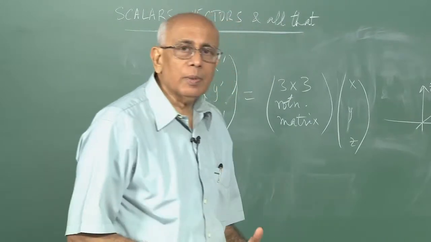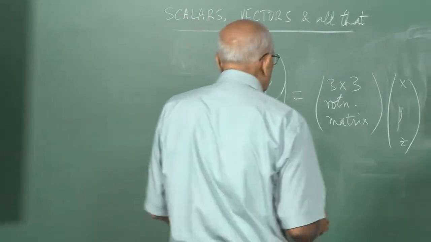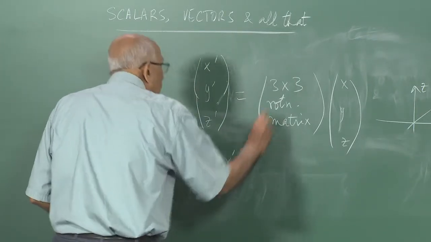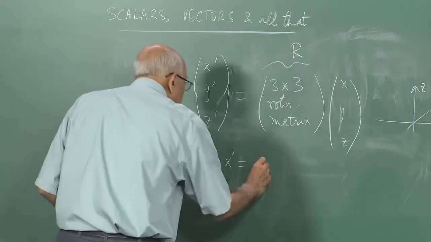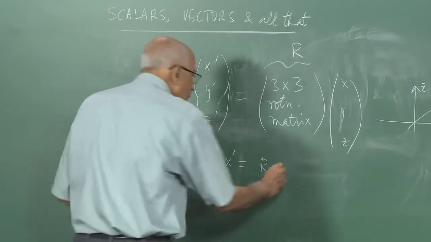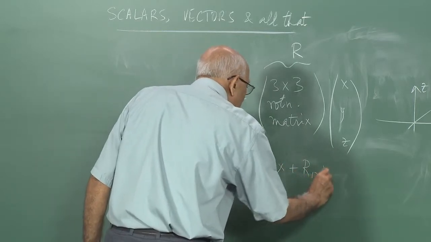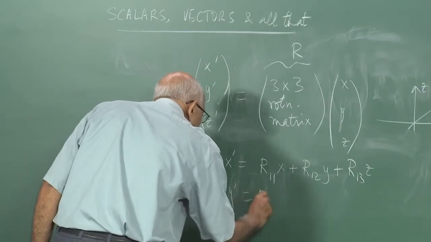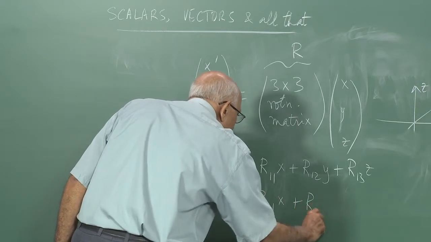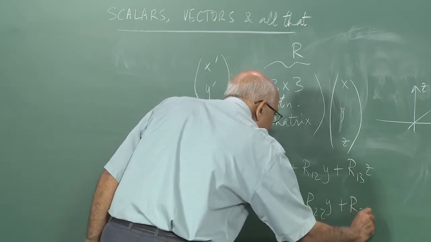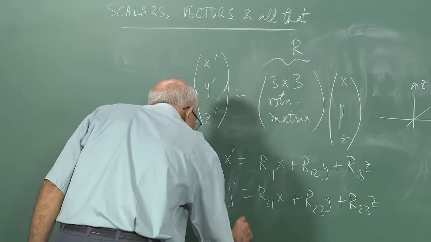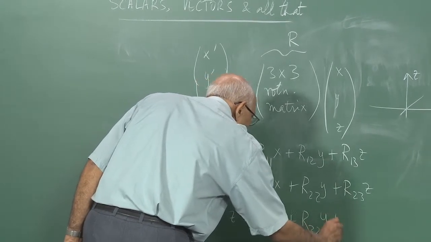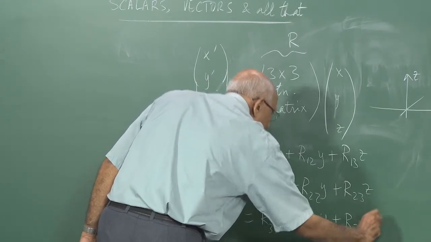It's got very special properties, but all the same it's a rotation matrix, and you're guaranteed that in general what is going to happen is that x prime, if I call this matrix R, then this x prime is going to be R11, the first element, times x, plus R12 times y, plus R13 times z, and similarly y prime is R21 times x, R22 times y, plus R23 times z, and z prime equal to R31x plus R32y plus R33z.